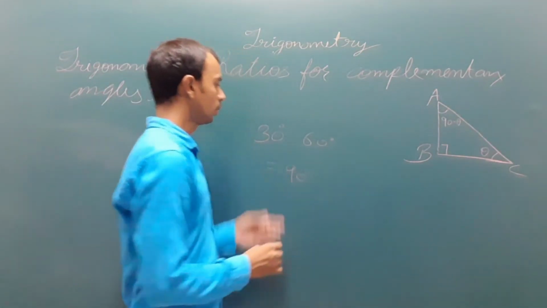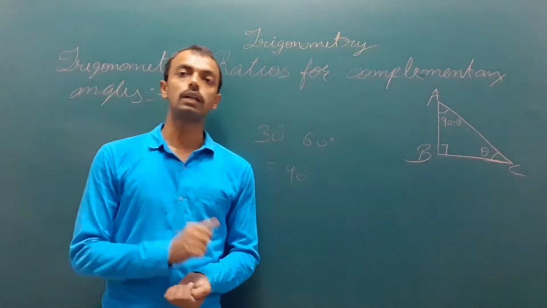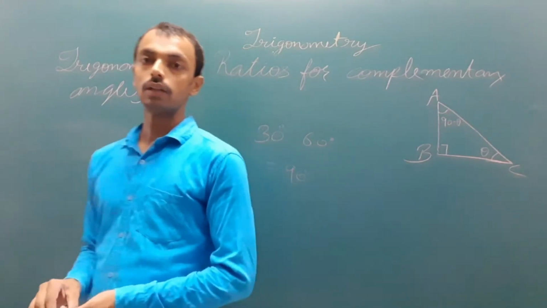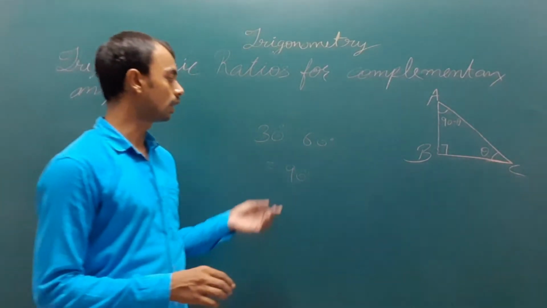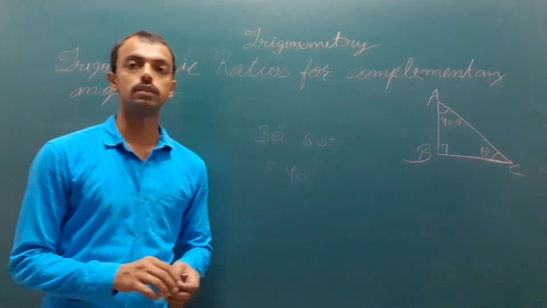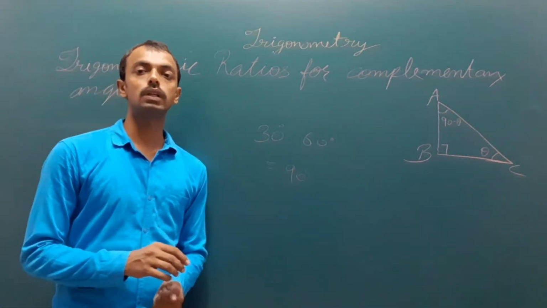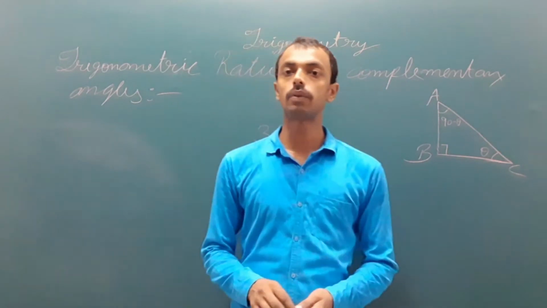So we can say if the sum of two angles is equal to 90 degree, then those angles will be called complementary angles.